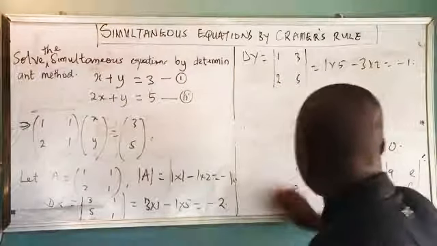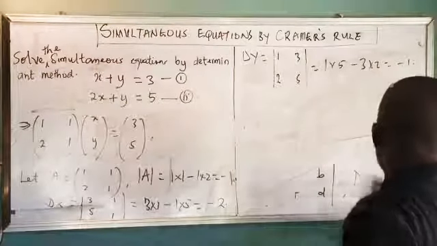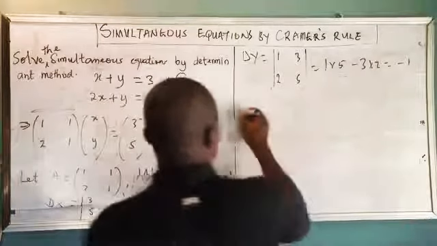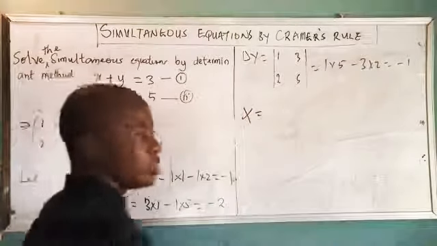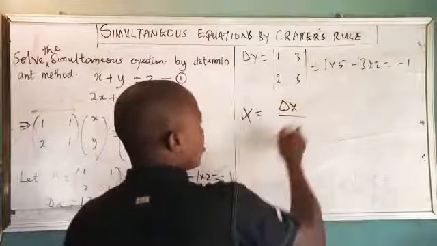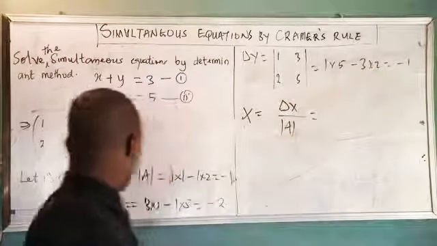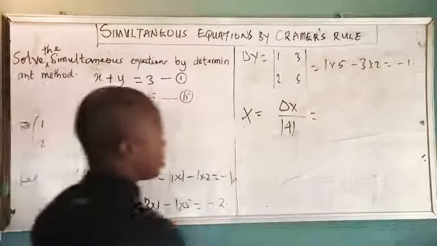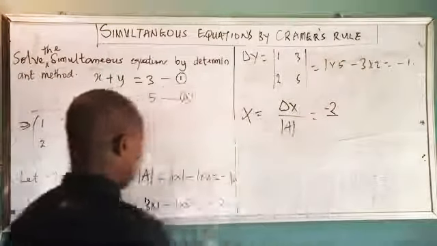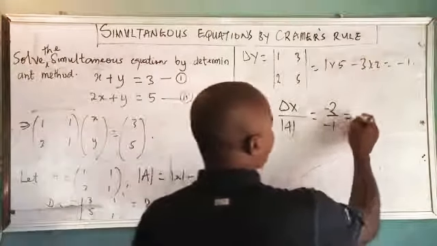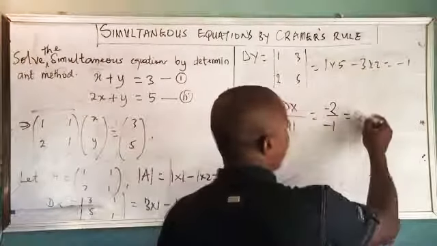Now to get our value of X, what do we do? Our X will be dx over the determinant of A. Our dx is minus 2, and A is minus 1. Therefore, you reduce this and you have 2.